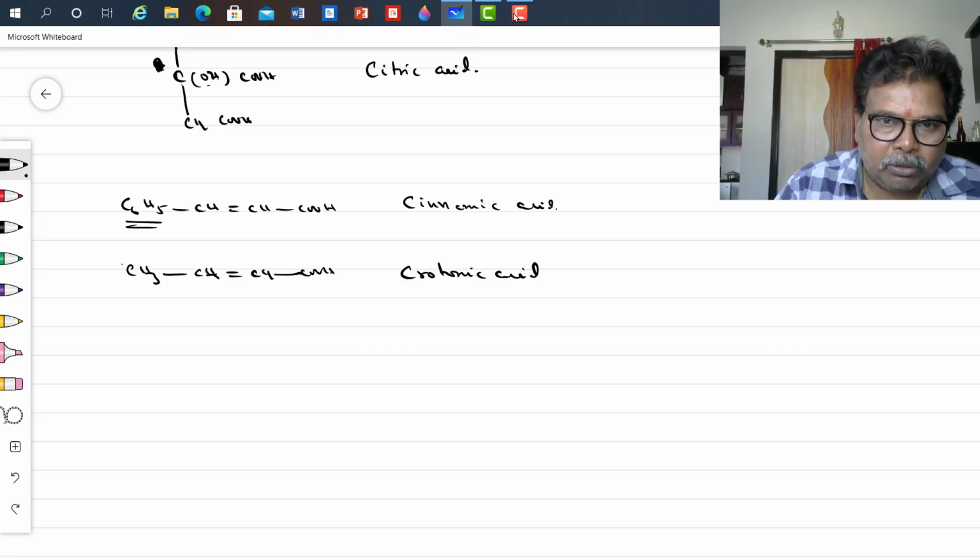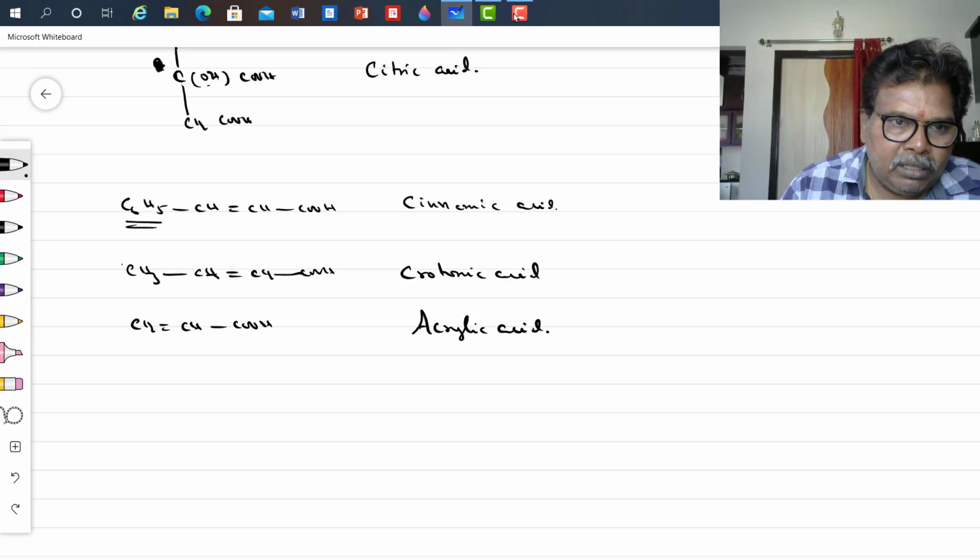Now CH2 double bond CH COOH, a vinyl group with a COOH group bonded to it. This is also important. Again, it will come in the polymers topic. Acrylic acid.